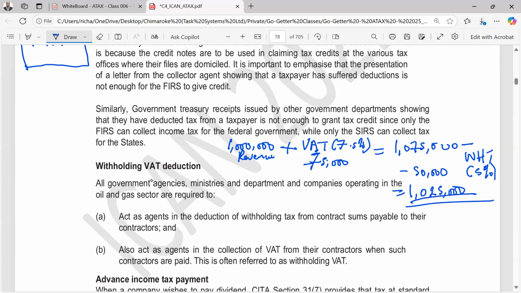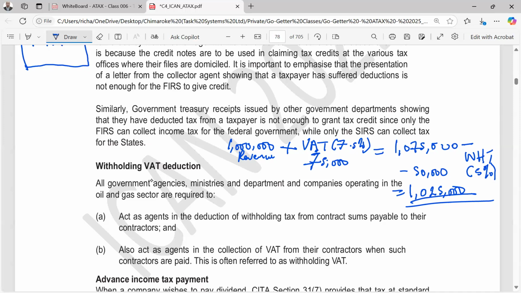Now, what does it mean? It means you have collected your VAT and you have suffered withholding tax. You know, those days when VAT was 5% and withholding tax was 5%, both of them cancel out and it becomes 1 million. But now, look at what they will do.